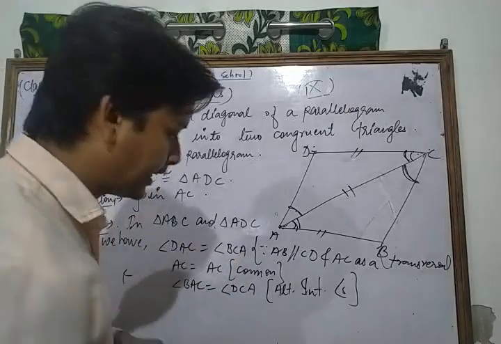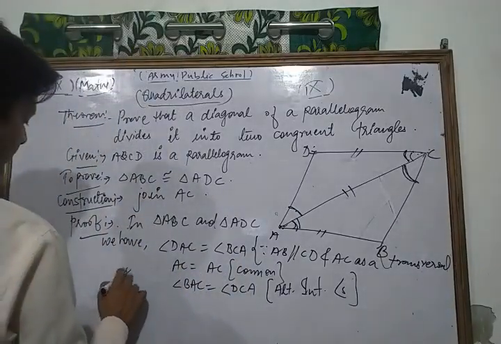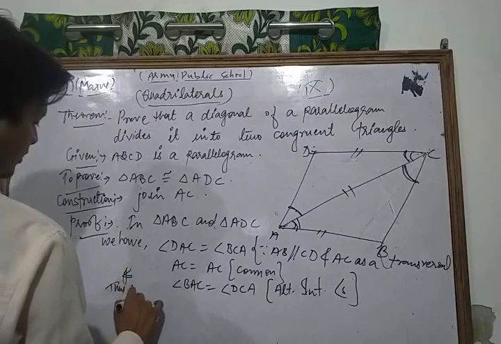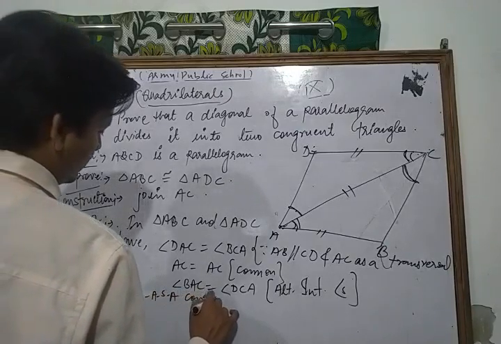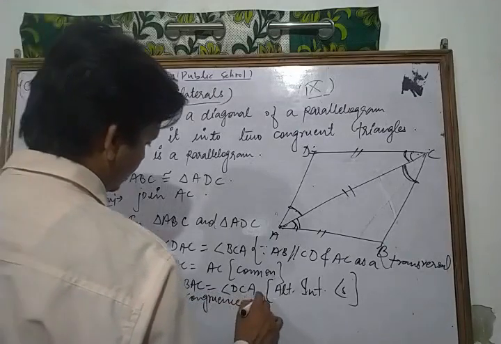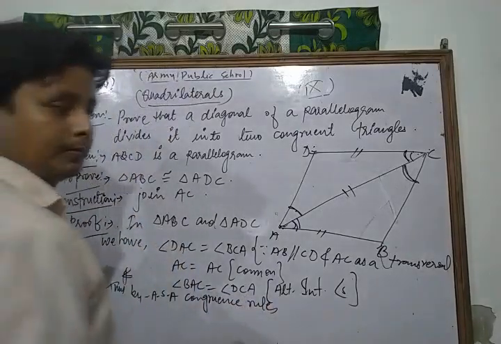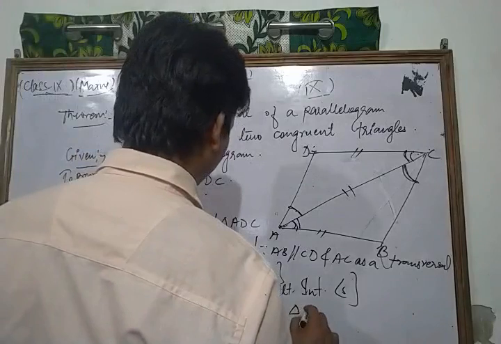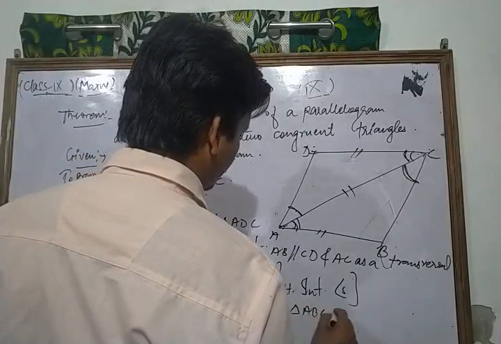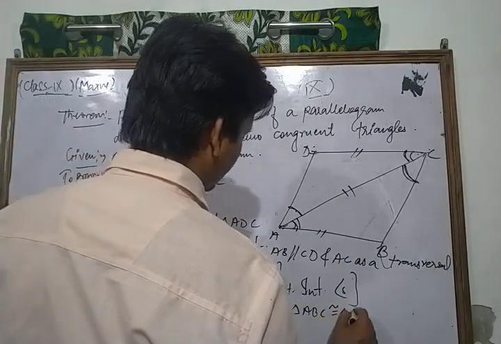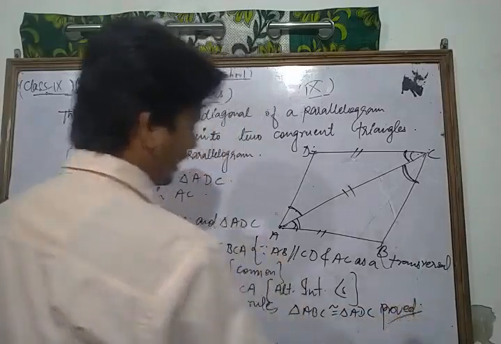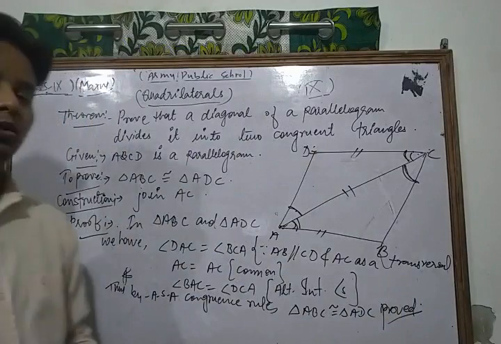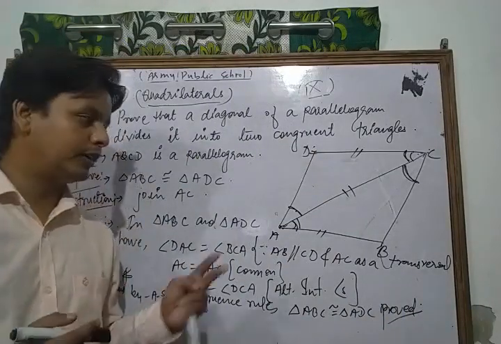Thus by the angle side angle congruence rule, triangle ABC is congruent to triangle ADC, hence proved. So dear students, this is the method for proving this type of theorem.